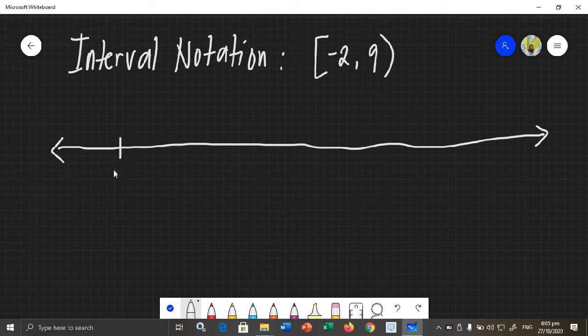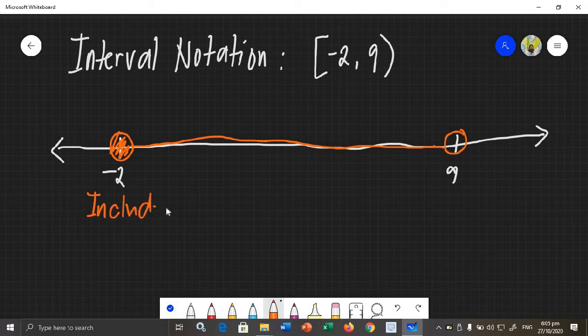So, if I'm going to graph that, so dito yung -2, let's say dito yung 9, and then brackets yung ginamit sa kanya. Therefore, the circle here is a closed circle or a shaded circle, and then sa number 9, an open circle. Meaning, si -2 included siya sa solution. Si 9 not included.